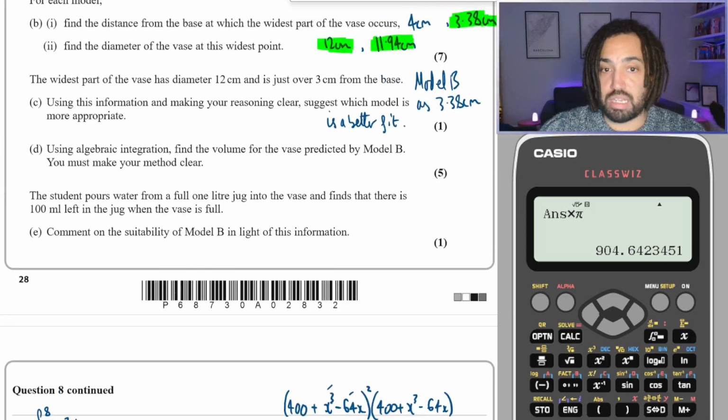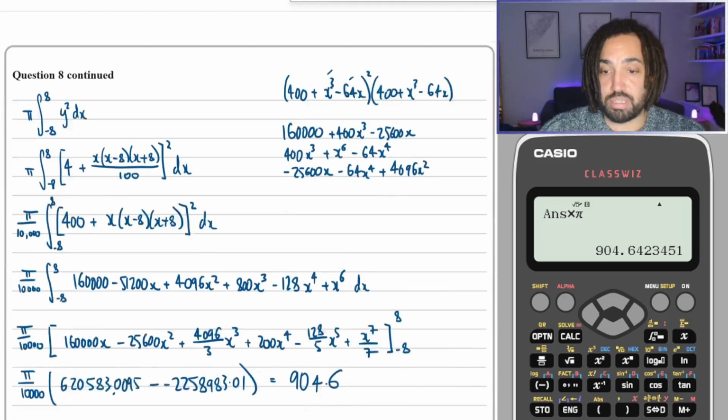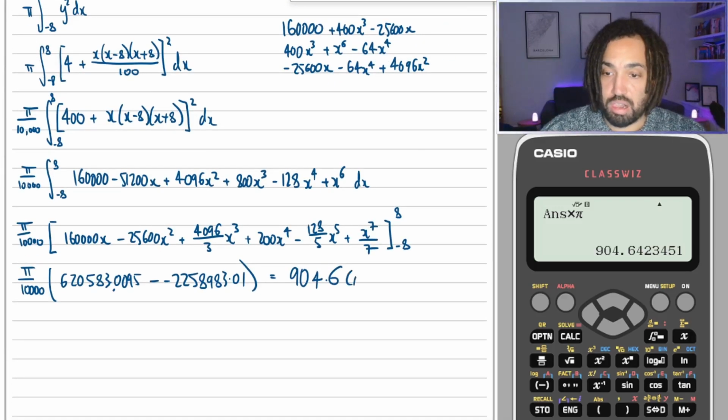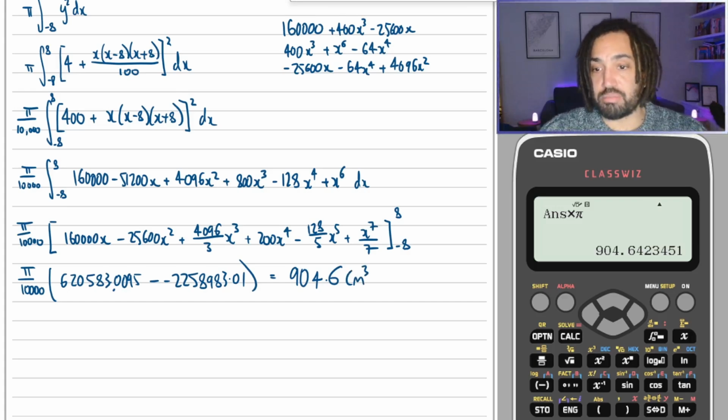And it just says find the volume, so we're happy with that. It'll be centimeters cubed, and that sounds good to me.